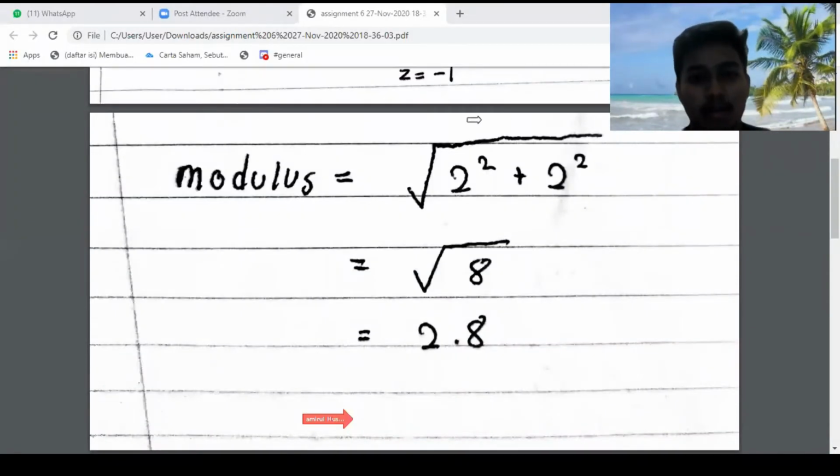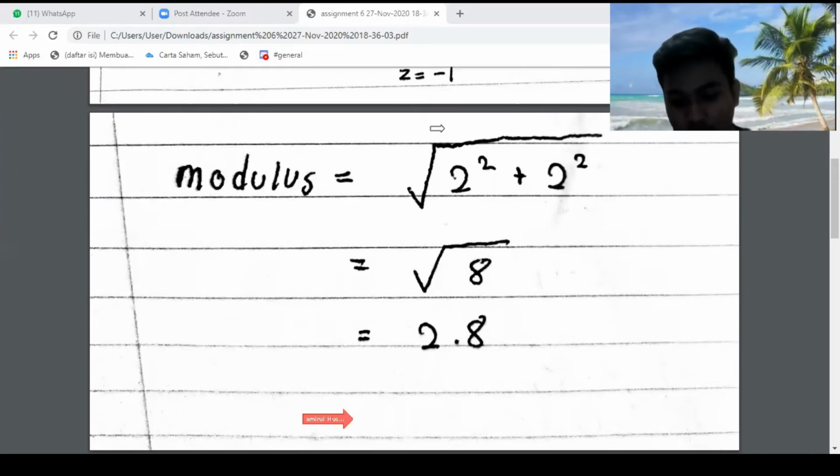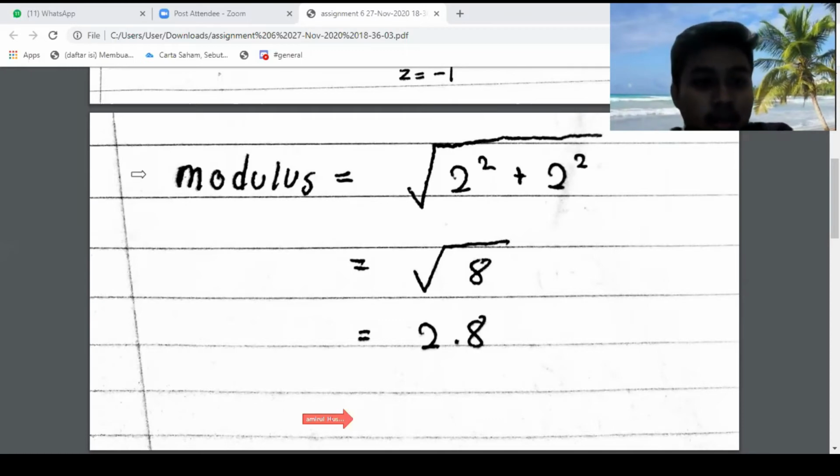So the next step is we need to calculate the range of the modulus to determine whether the singularity is inside the range or not. This modulus equals the square root of 2 squared plus 2 squared.